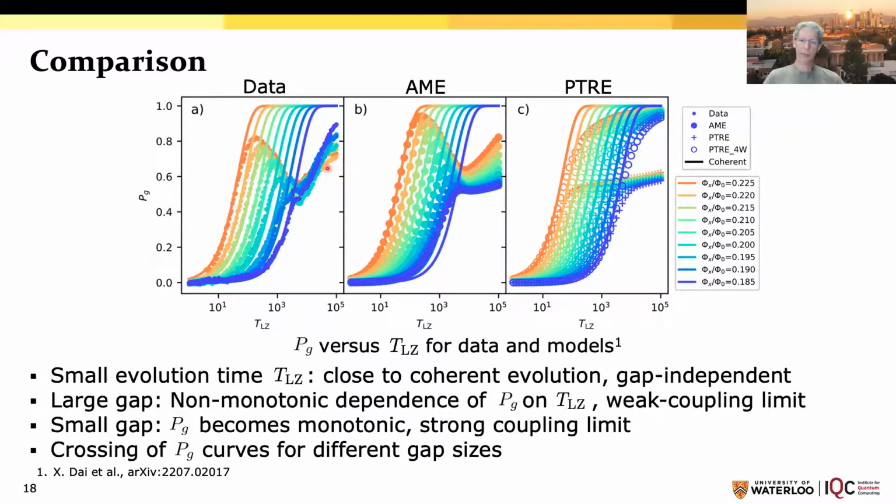But yeah, I guess we're still doing some numerical explorations, like trying to find out what parameter of the environment is really determining whether we are in this weak or strong coupling limit, I guess.